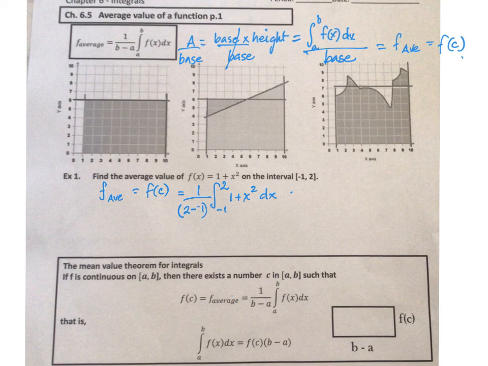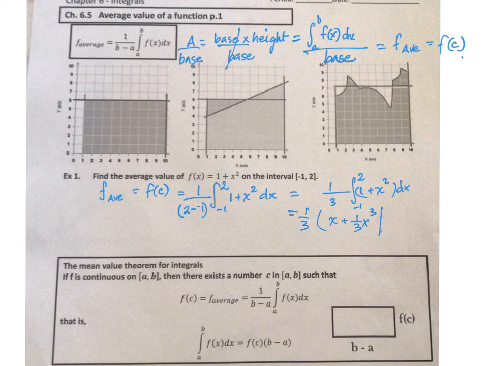So let's simplify that. We have 1/3 times the integral from -1 to 2 of 1 plus x squared dx, which equals 1/3 times x plus 1/3 x to the third, which is the antiderivative of 1 plus x squared.